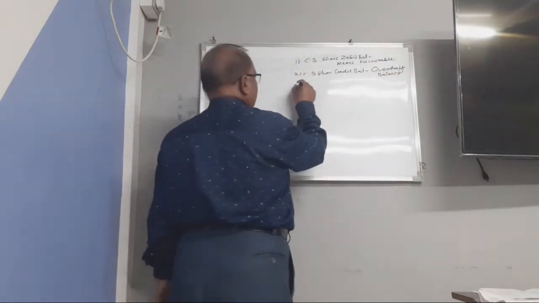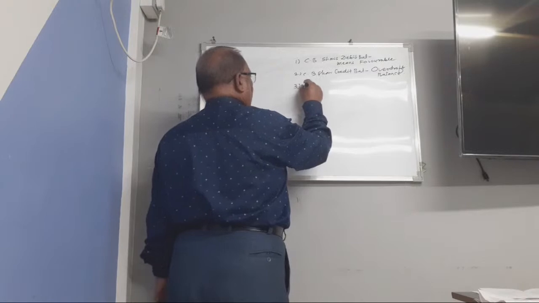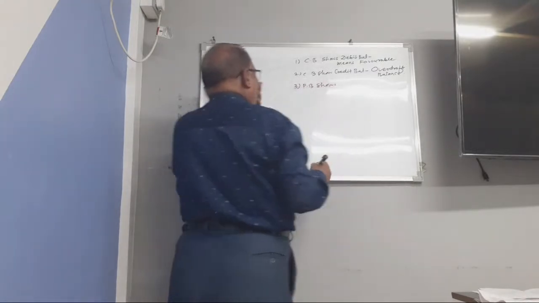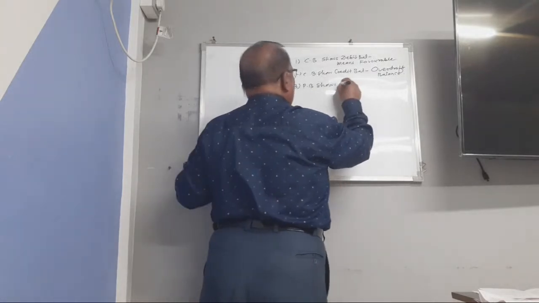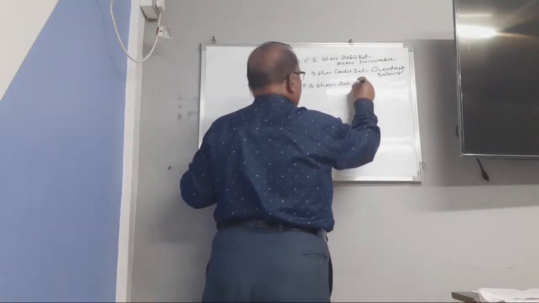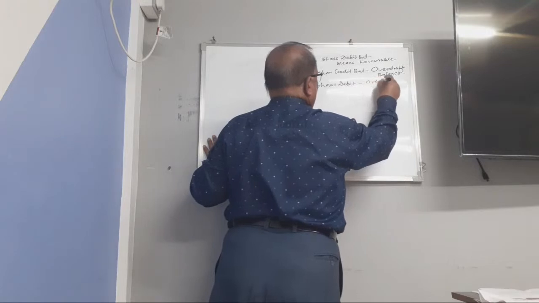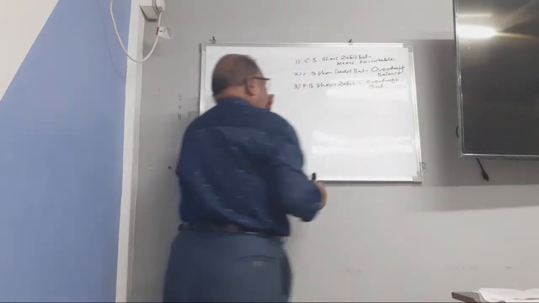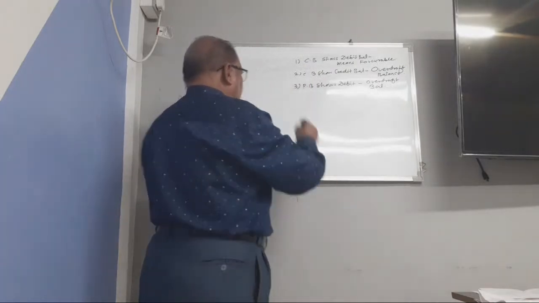Third, when the passbook shows a debit balance, it is an overdraft balance.